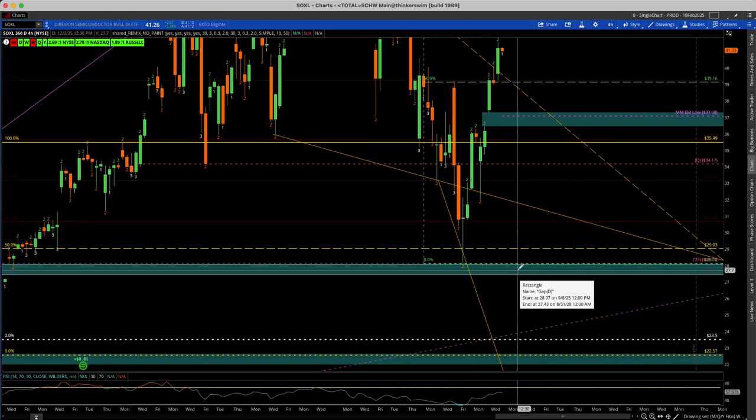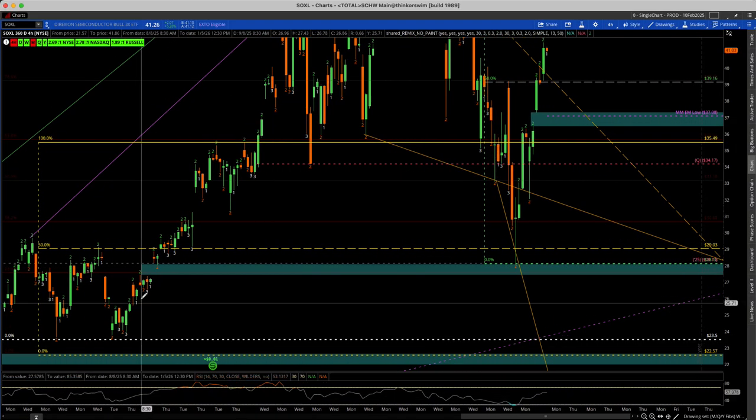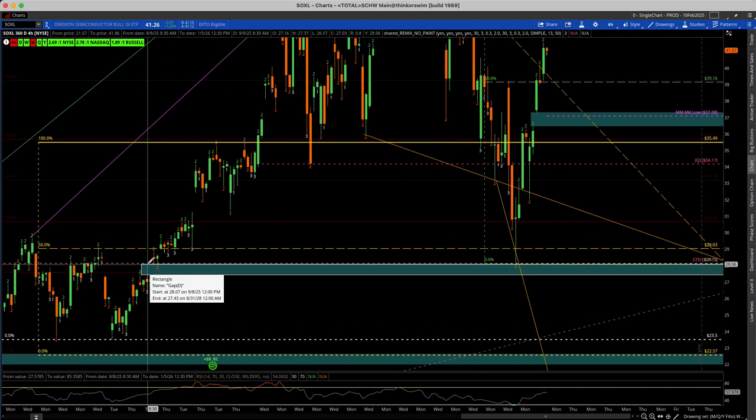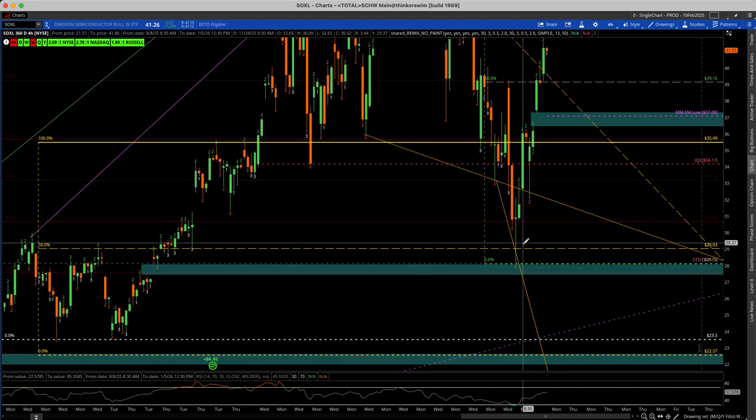We had this gap out here from a long time ago, back in the 11-week range in August, I believe. What is this? Oh, this was September. Yeah, end of August, beginning of September was this gap, and we bounced right off of it.